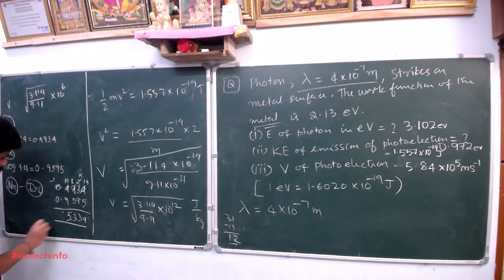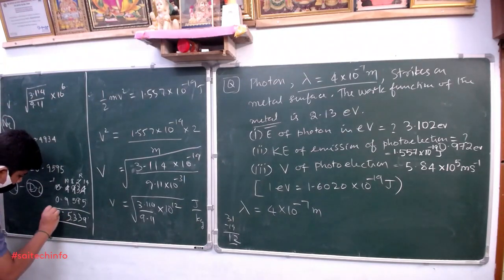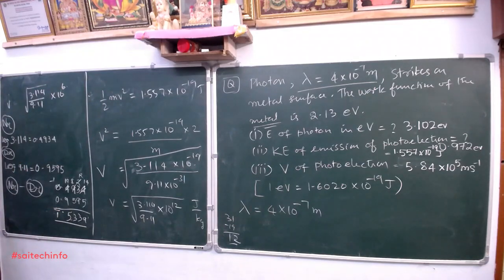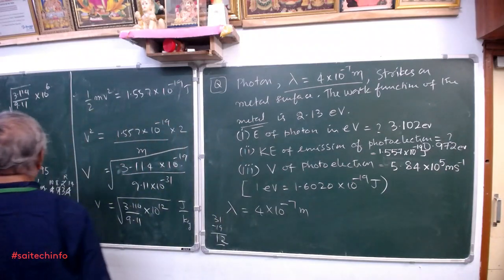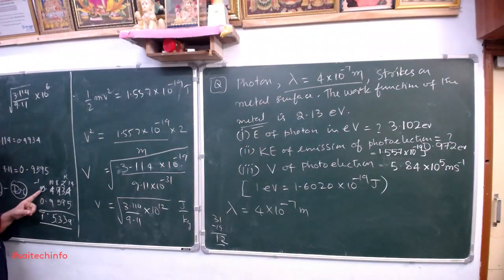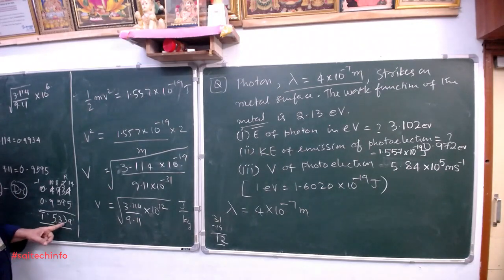Now 1 bar. So we are subtracting everything here, but when you take 1 from this, it becomes 1 bar. So 1 bar minus 0, 1 bar. So 1 bar 0.5339. But now listen to me, this is inside the square root.